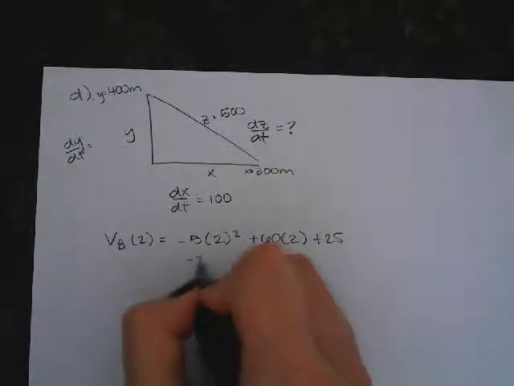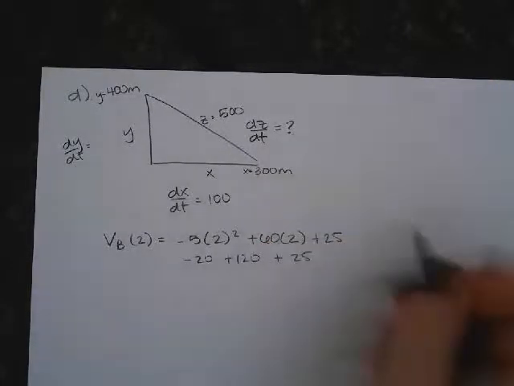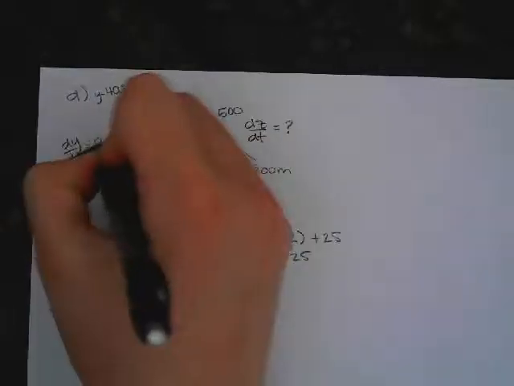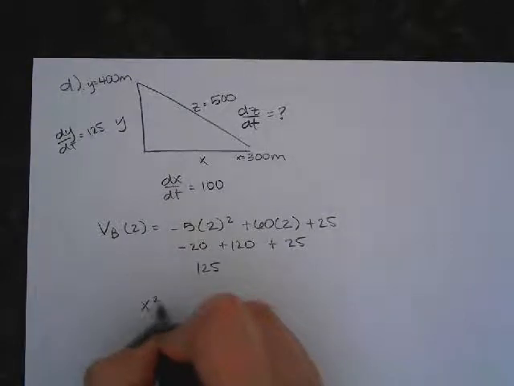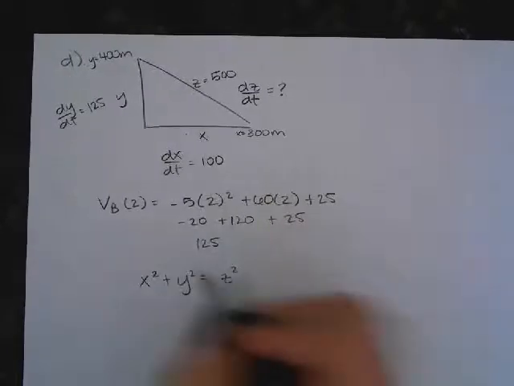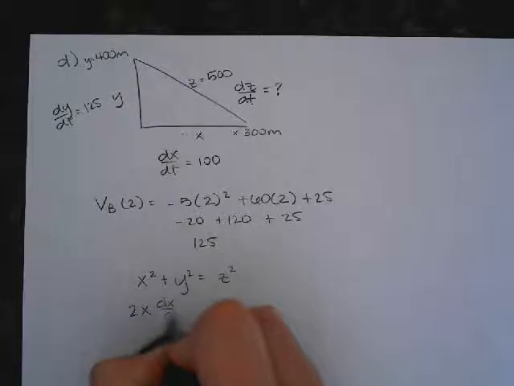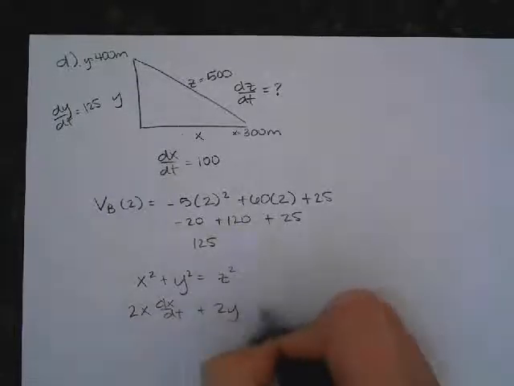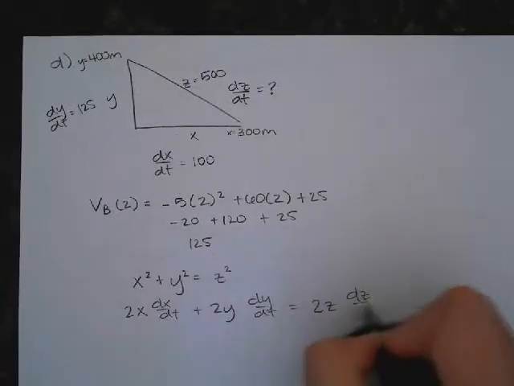So negative 20 plus 120 plus 25, 125. Okay. So we have a right triangle. We're talking about side lengths and rates of change of those side lengths. So I've got x squared plus y squared equals z squared. And when I take the derivative, I have 2x dx/dt plus 2y dy/dt equals 2z dz/dt.